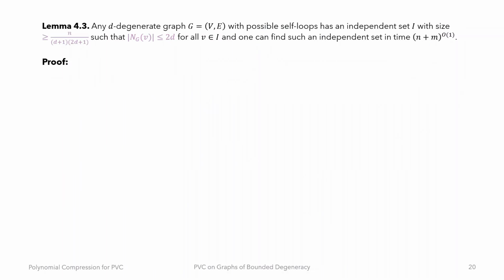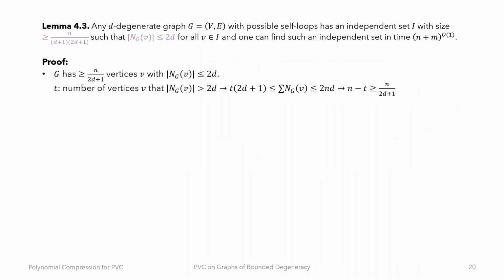For the proof of the next lemma, first we show that a D-degenerate graph has many vertices with degree less than 2D.